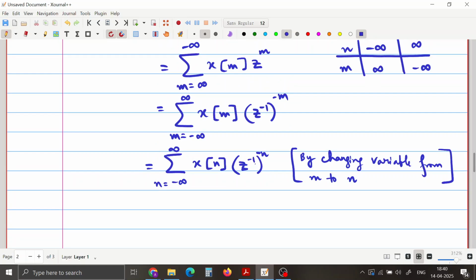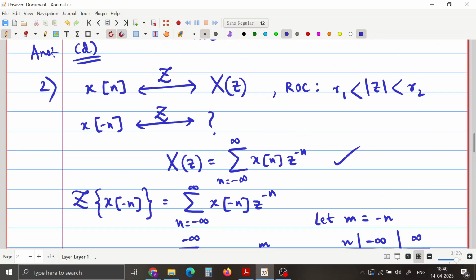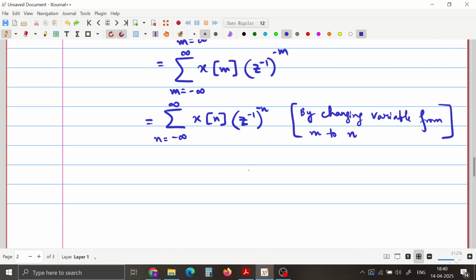The rest of the things are the same. So this is nothing but capital X of z inverse. So small x of minus n, which is the time reversed discrete time signal, has a z transform given by capital X of z inverse.